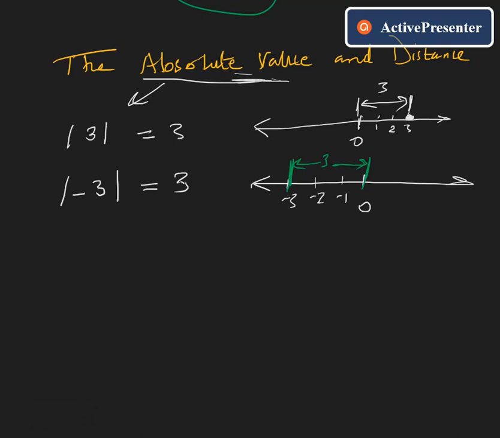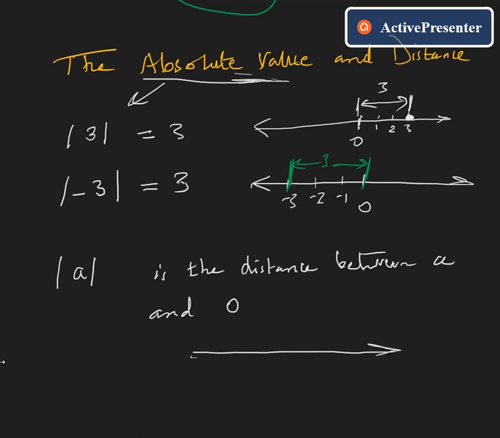The absolute value of a real number called A is the distance between A and the origin, which is 0, on the real number line.